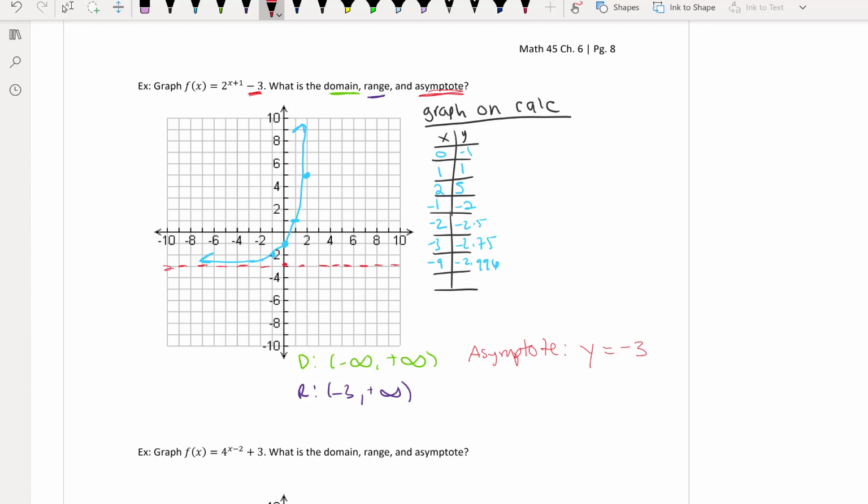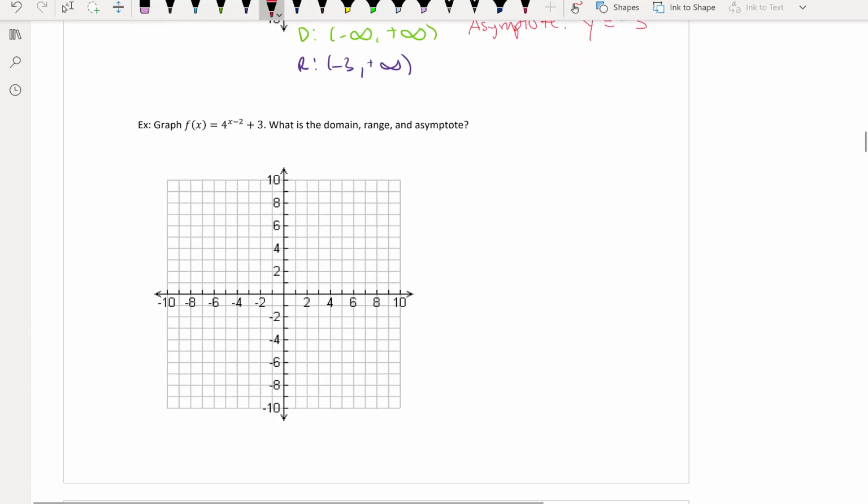In case you needed another example of graphing, it is going to be down below. Again, I'm going to go to my y equals, and I'm going to put in the equation 4 to the power of x minus 2, and I have plus 3.